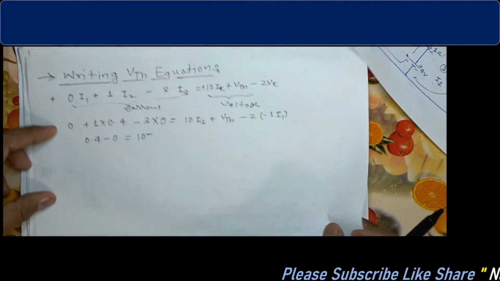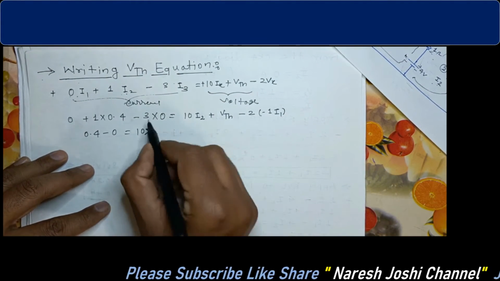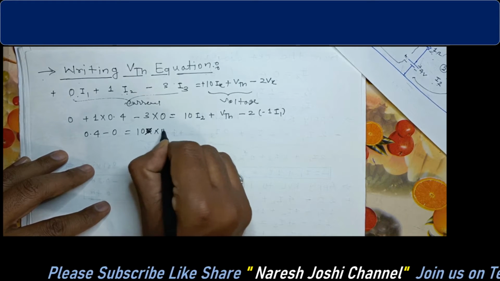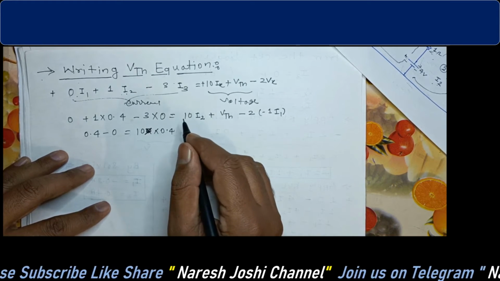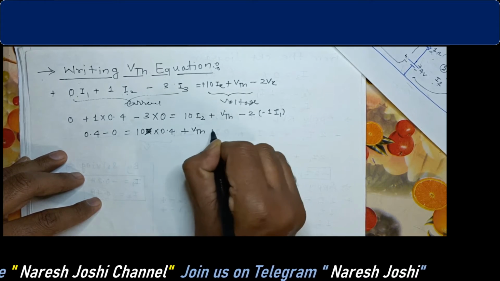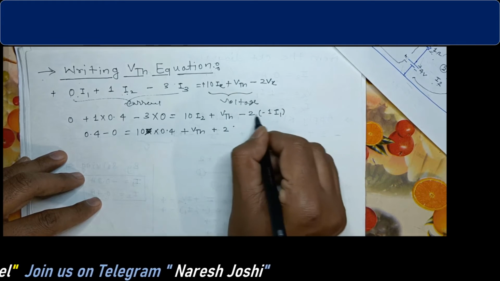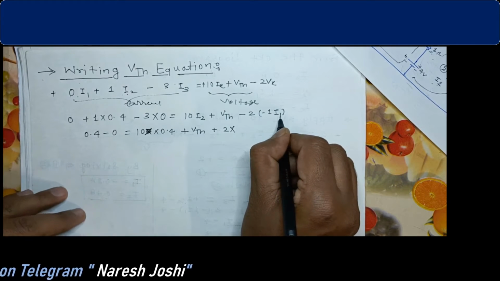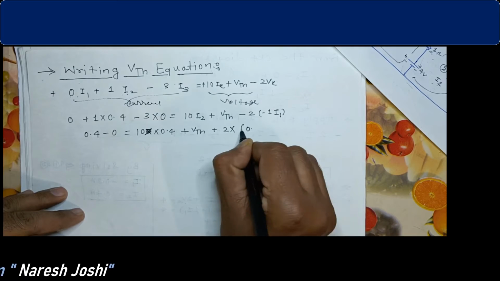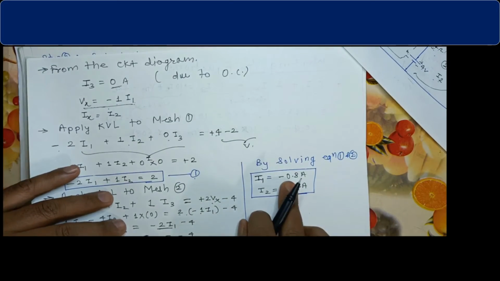So again I will write here 10 into 0.4. Clear? Then plus VTH and minus 2, this is minus times plus 2, and I1 we have calculated as minus 0.8.